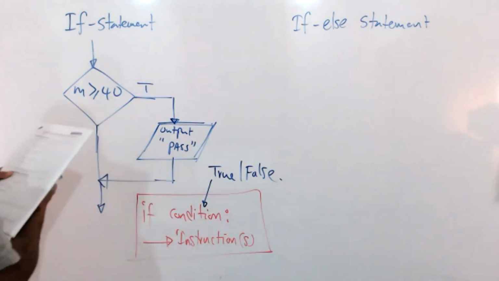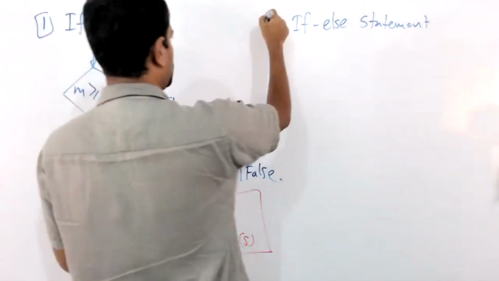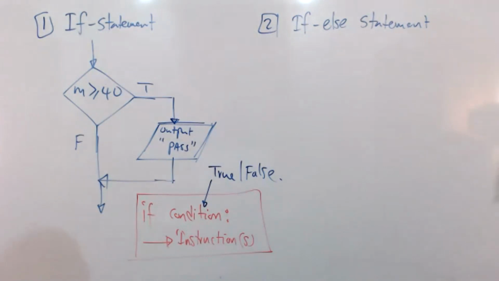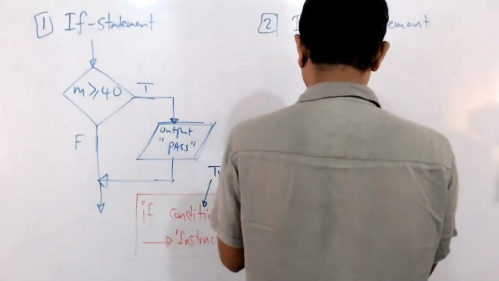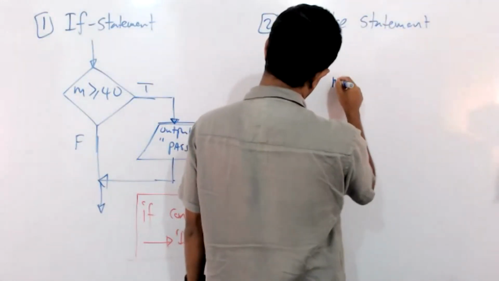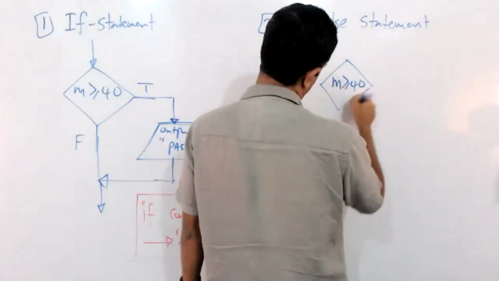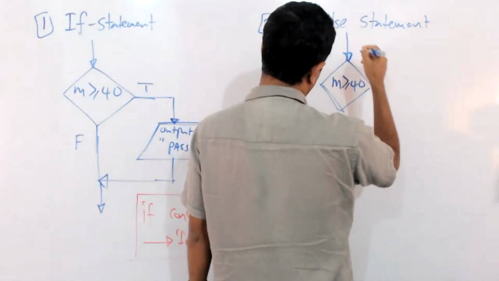This is the one relevant to the first. Okay, here I'm going to draw for the second one. In that one we have m greater than or equal 40. These lines are called flow lines.